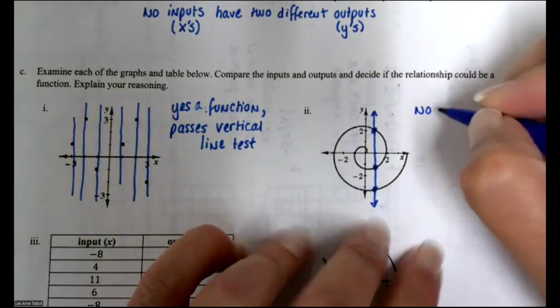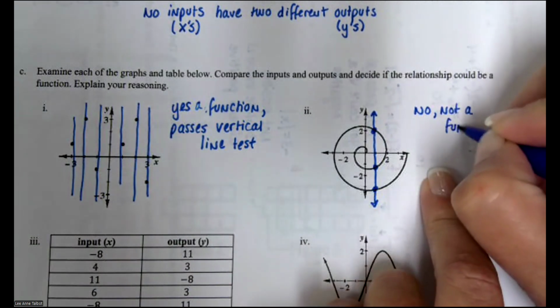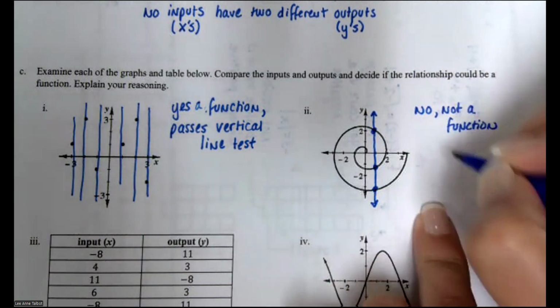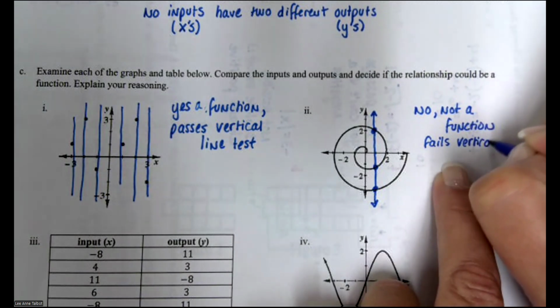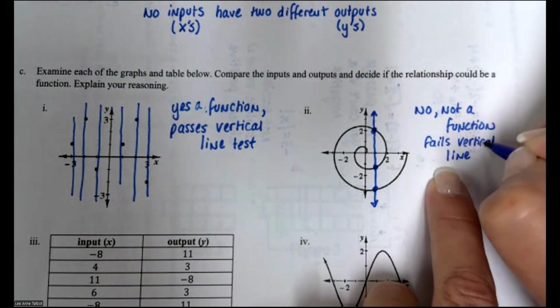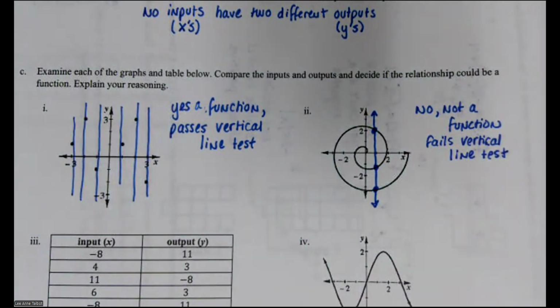And we say, no, not a function. Fails vertical line test. Do you guys see the difference between passing and failing? Not math class, vertical line test.